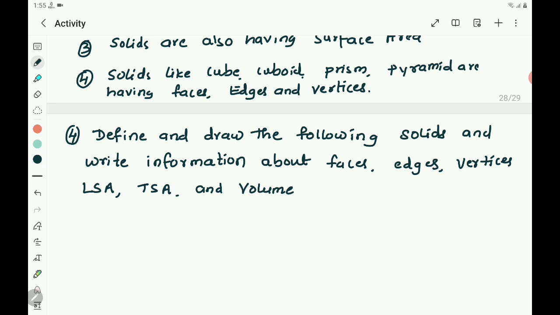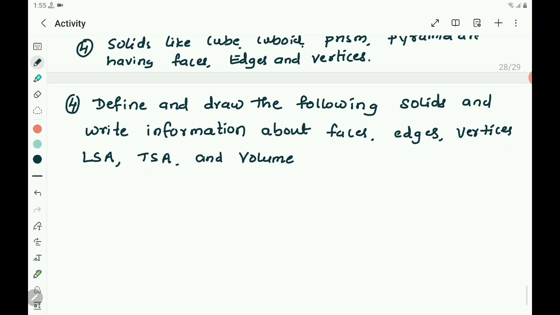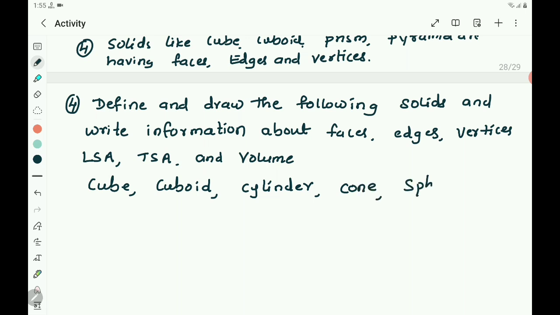Which are those solids? Cube, cuboid, cylinder, cone, sphere and hemisphere.